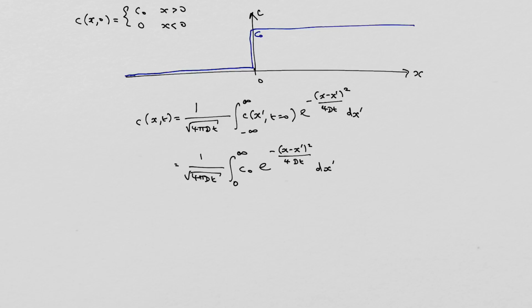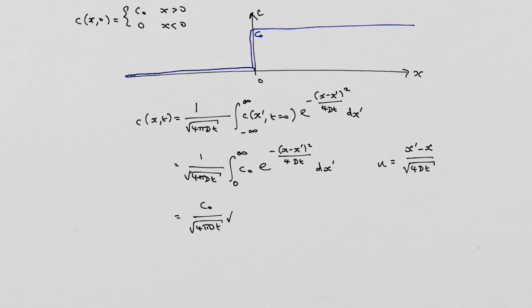Okay, you can still do it. Okay, let's just write u is x prime minus x over square root 4Dt, like that. Then this is c0 over square root of 4 pi Dt, times, doing the substitution, I've done it this way around so that du is dx prime over square root 4Dt.